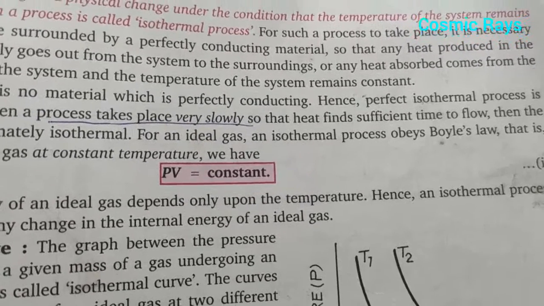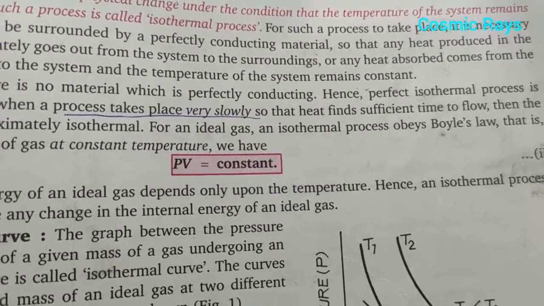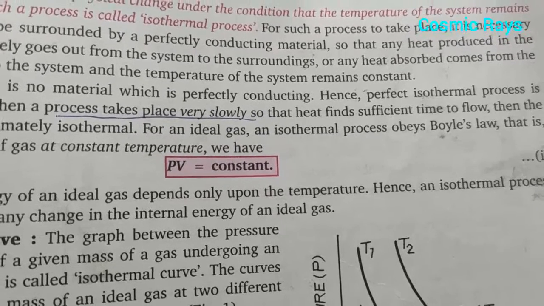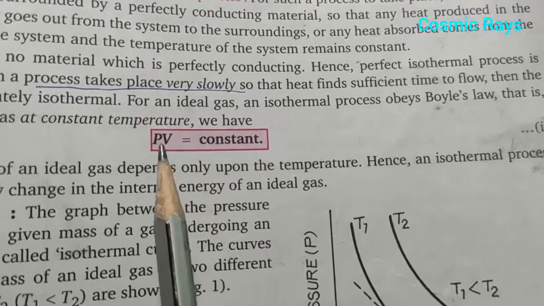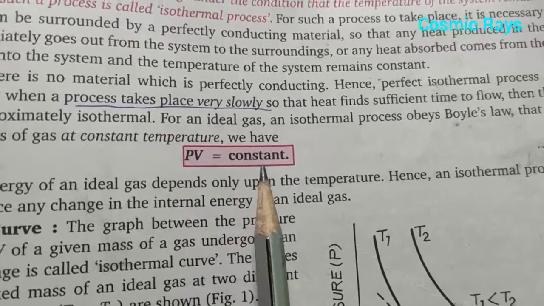So for an ideal gas, the isothermal process obeys Boyle's law for a constant temperature for a given mass of gas, and Boyle's law states that PV is equal to constant.